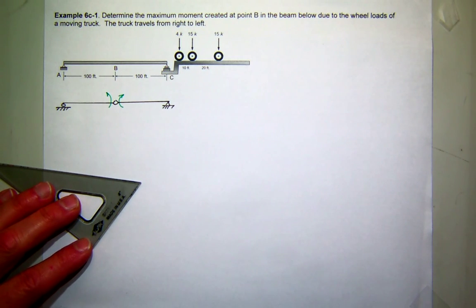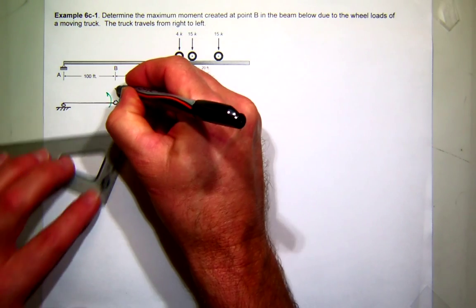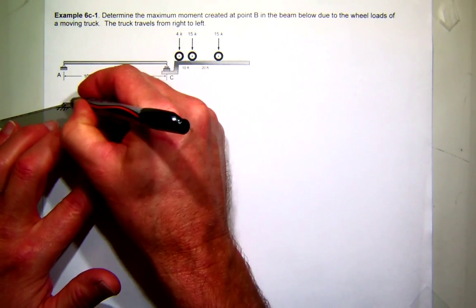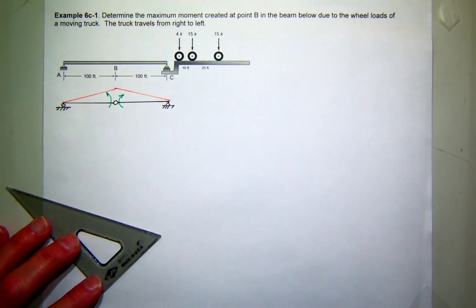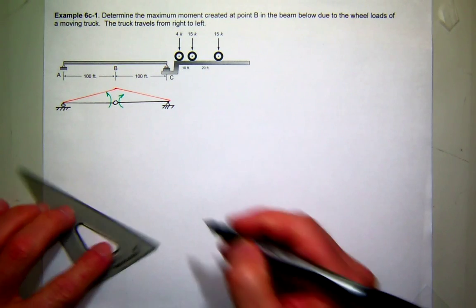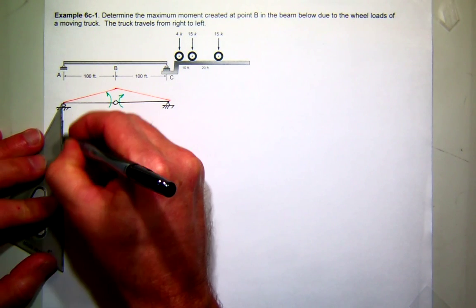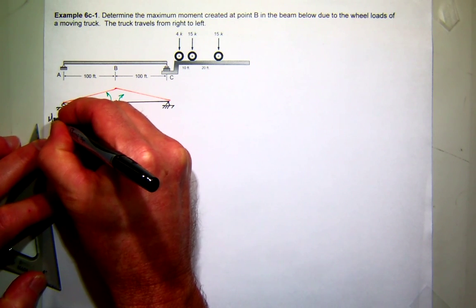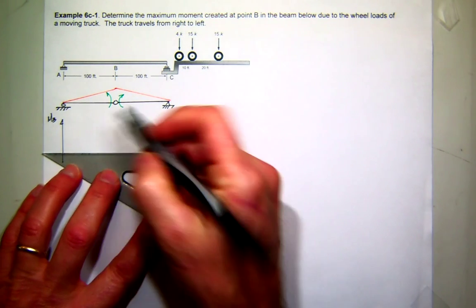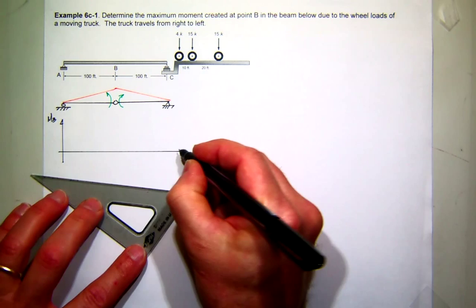I think you can see that that point would move up and would make a pretty nice symmetric shape. So a more formal version of my moment at B would look like this.